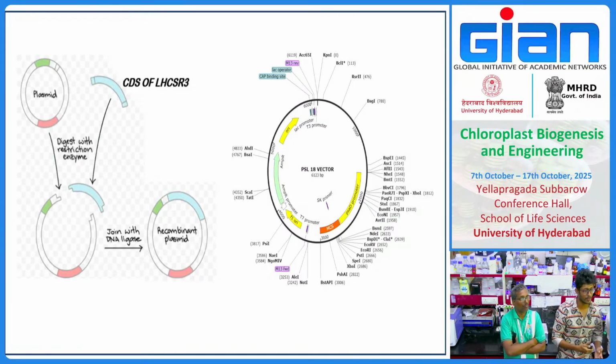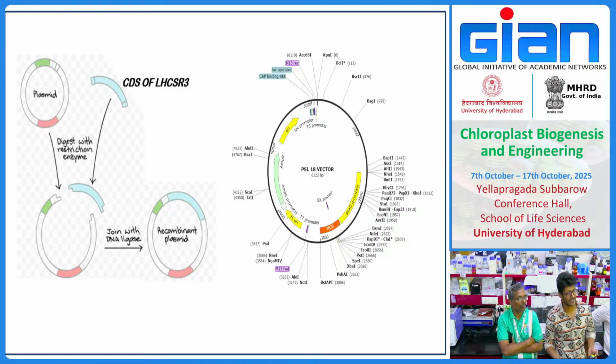Sticky ends will give better results for ligation. There are two types, blunt end and sticky ends. People always prefer sticky ends, but in the unfortunate situation where you are not getting any compatible restriction enzymes, then finally you go for blunt ends, but blunt ends should be the last option. And then you will go for the ligation. I will tell you what ligation is.